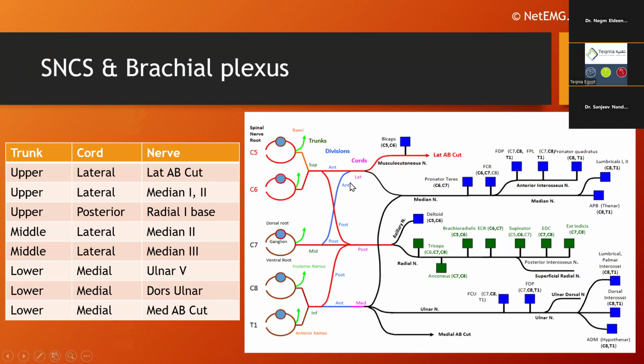So we can do sensory nerve conduction studies in many different nerves. I have listed the recording sites for median and radial and ulnar. This is something that is very nicely described by Professor Asa Wilborn in the diagnosis of plexopathies. And by choosing the appropriate nerve, we can localize the lesion to the appropriate trunk or the cord.